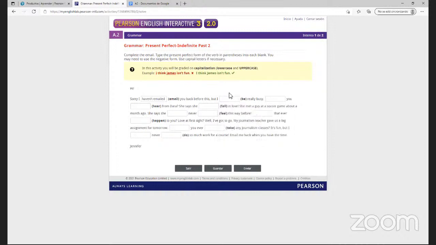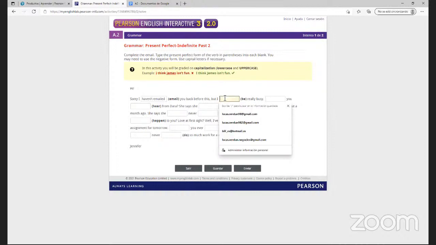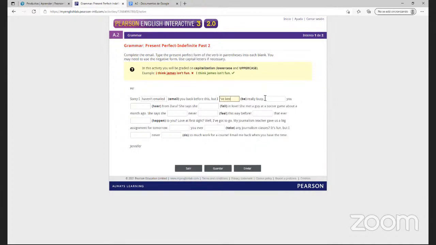Okay, but here I need to always use the negative sentence? No, not always with the negative. You could use an affirmative or question.